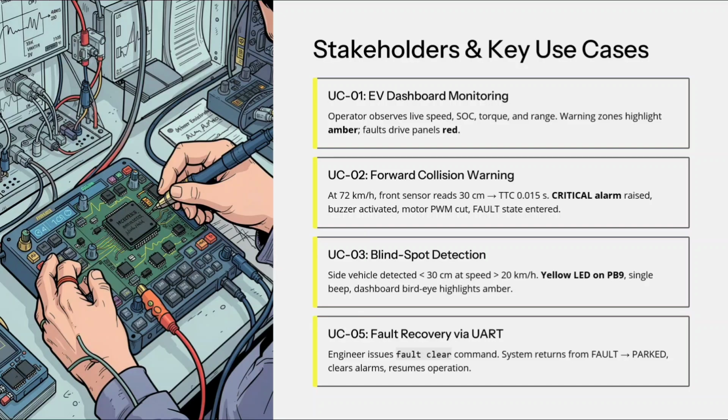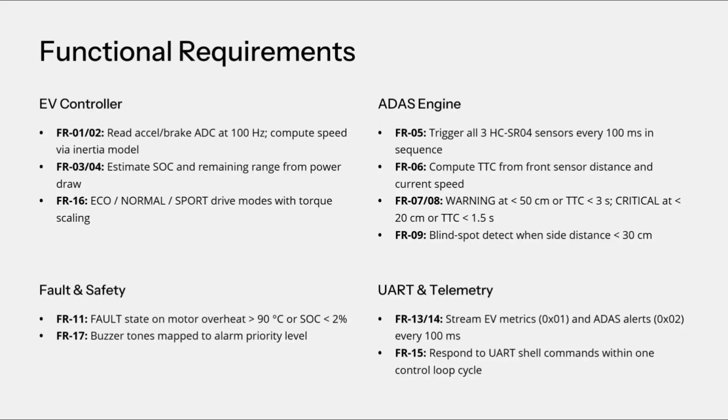And for blind spots we have two, the left blind spot and the right blind spot. We detect both, and if any vehicle comes too close to our vehicle, it is treated as a fault, and we have the alarms.